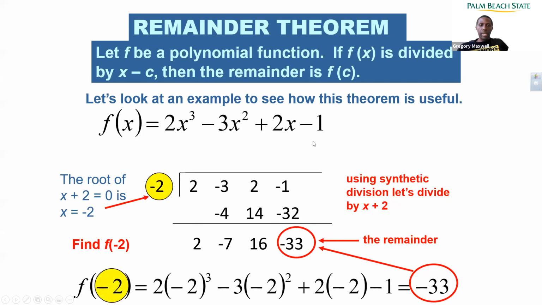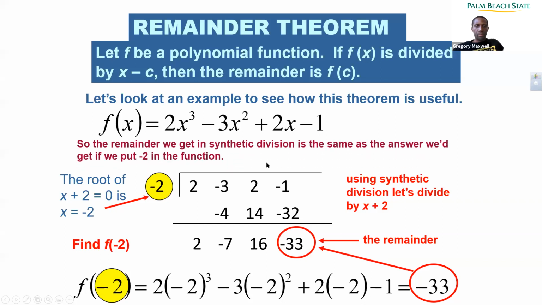So we see that x plus 2 is not a factor of this expression, because when you divide by x plus 2, you do not get 0. And therefore, -2 is not a zero of the polynomial, because when you plug in -2, you do not get 0. So the answer we get from the division is the same answer we get if we plug in -2.